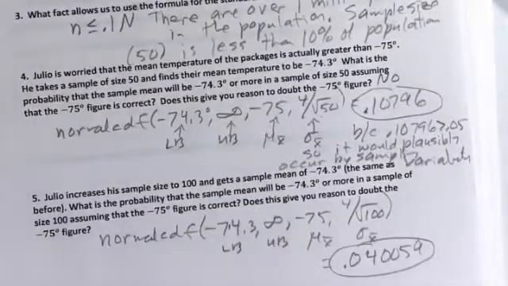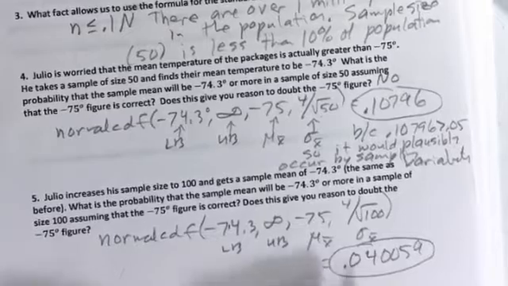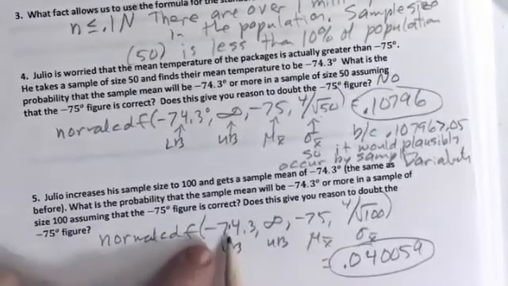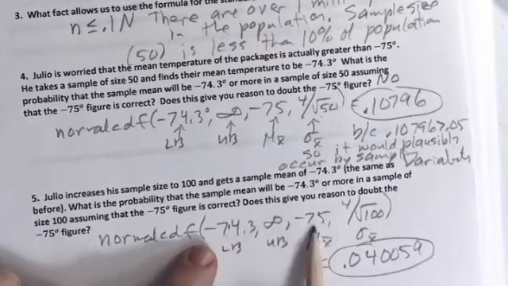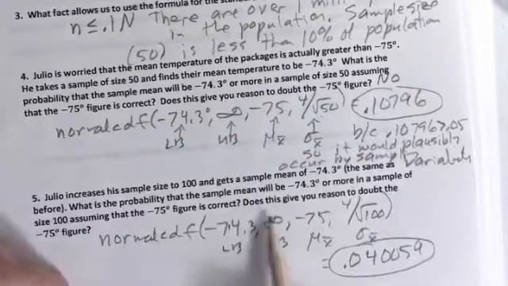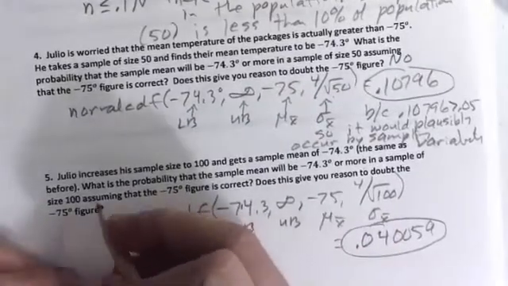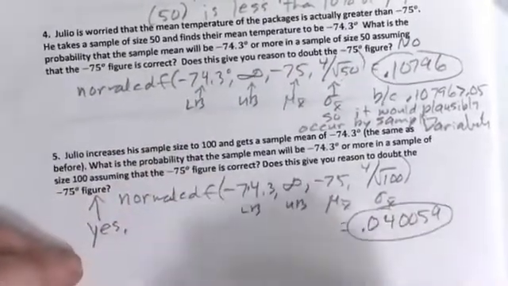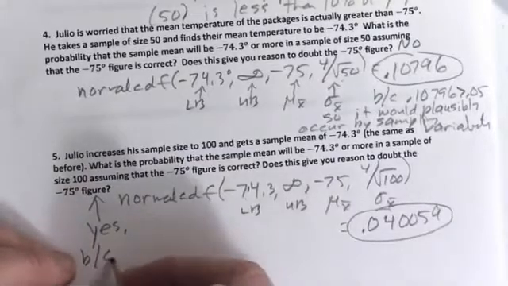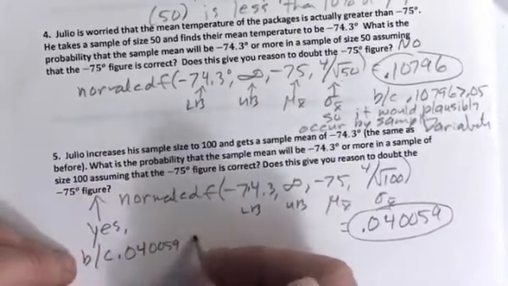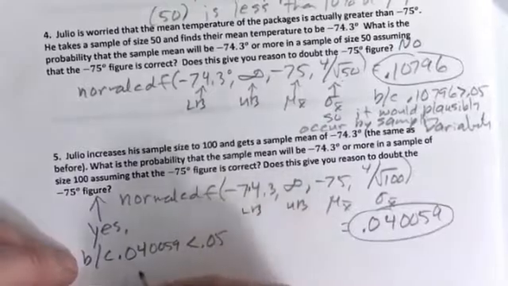And once again, that probability is the probability that we're going to get a sample value this unusual, assuming negative 75 is true. And there's less than a 5% chance it would happen. So does that give us reason to doubt the negative 75 figure? You would say, yes, we do doubt it, because 0.040059 is less than 0.05.